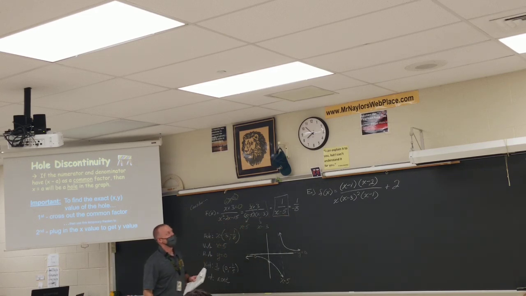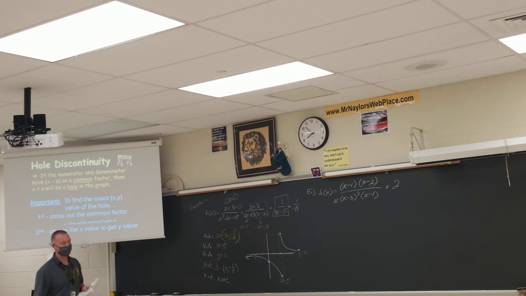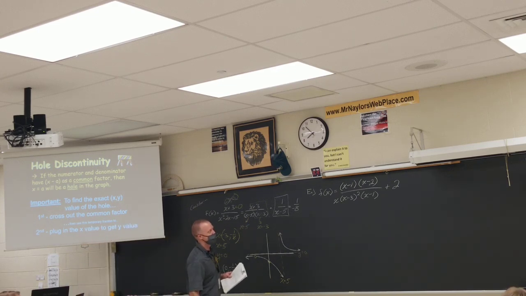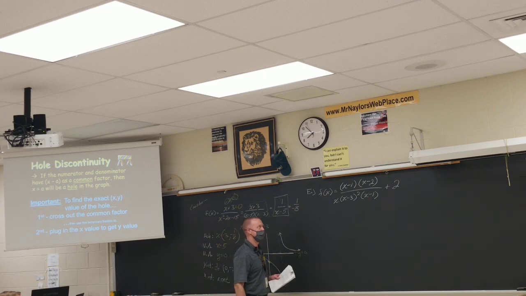It kind of helps you realize how you use each and every part. So we have x minus 1, x minus 2, and in the denominator we have an x minus 3 squared, and an x minus 1. And then at the very end, a plus 2.